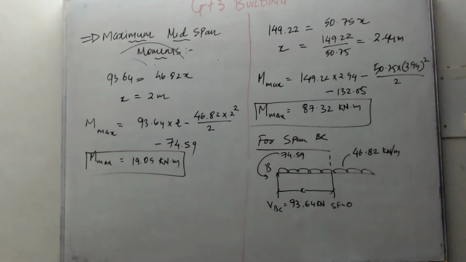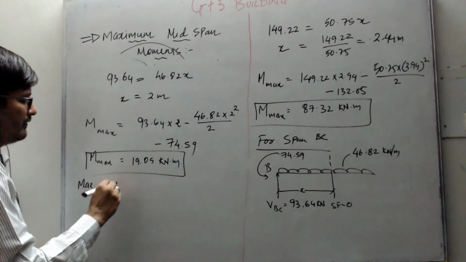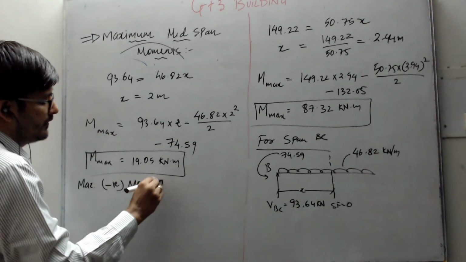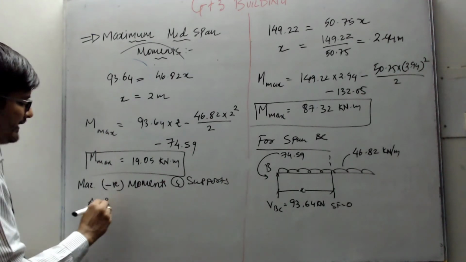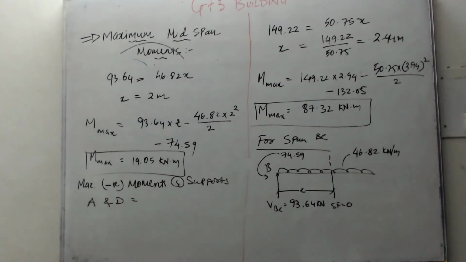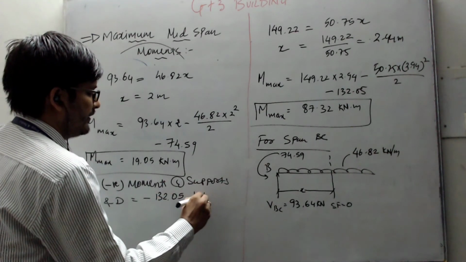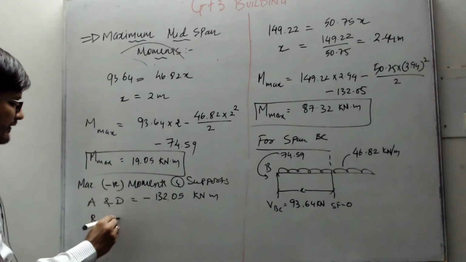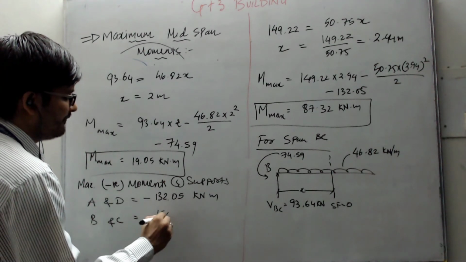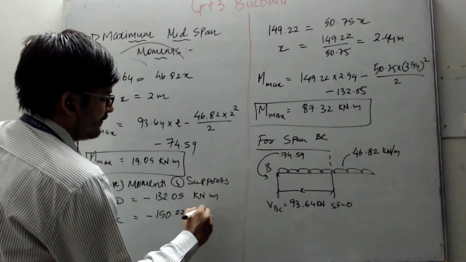So there are supports A and D. At support A and D, we have maximum bending moment as minus 132.05 kilonewton meter, and the other two supports are B and C. At supports B and C, I am getting my maximum moment as minus 150.22 kilonewton meter. So these are my maximum negative bending moments at support points.